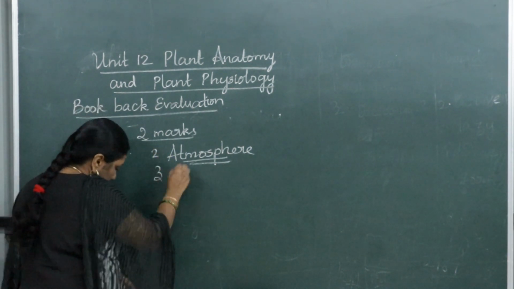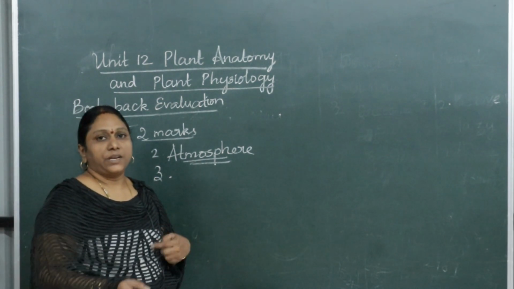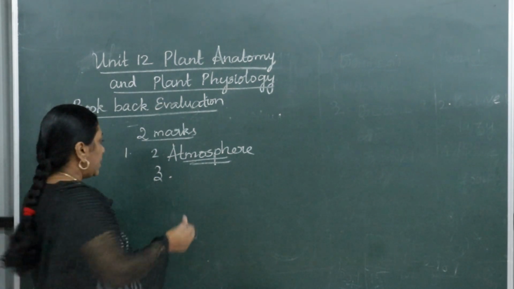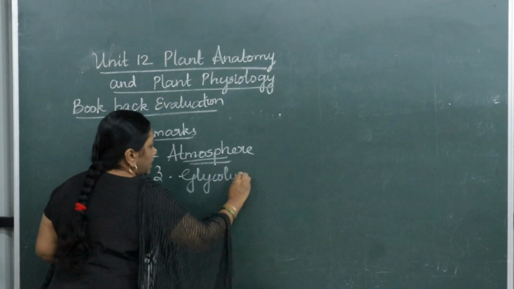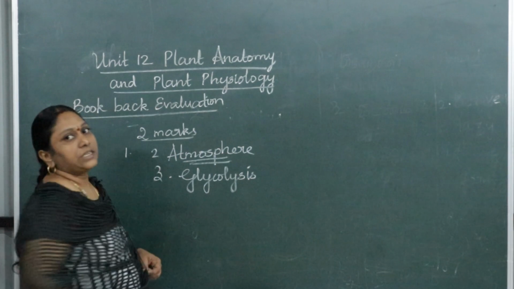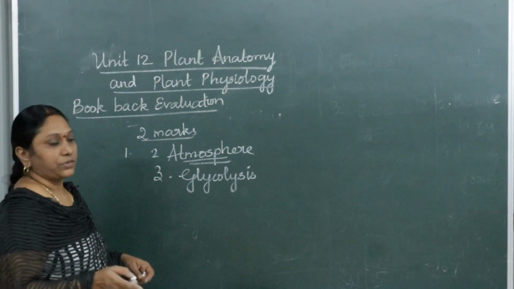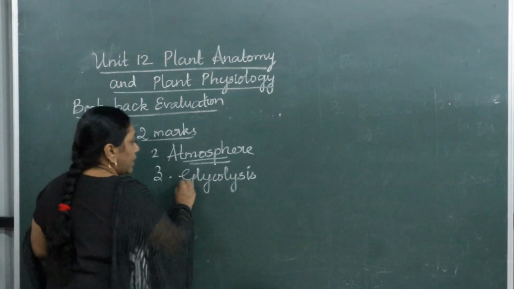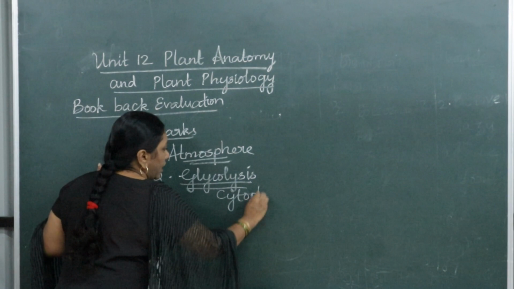And third one is, what is a common step for both aerobic and anaerobic respiration? The common step I already told you: glycolysis. Aerobic respiration is a process which takes place in the presence of oxygen, and anaerobic respiration takes place in the absence of oxygen. In both, glycolysis takes place. Glycolysis takes place in the cytoplasm of the cell, as I already told you.